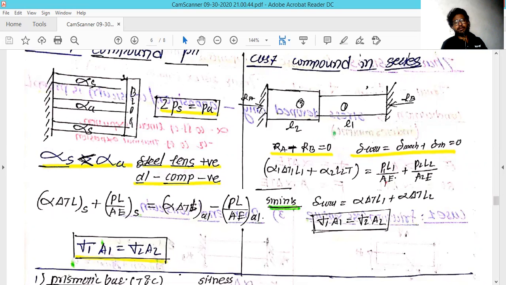The total change in length in both is going to be the same, because if you take the combination of the two materials, the one which has a higher alpha value will expand more, so it shows a change in dimension which is large and positive. But the other section, which is not going to expand as much, will start compressing due to the forces of the other expanding material, and due to this compression the change in length of that rod is reduced, and we take it as a negative value.